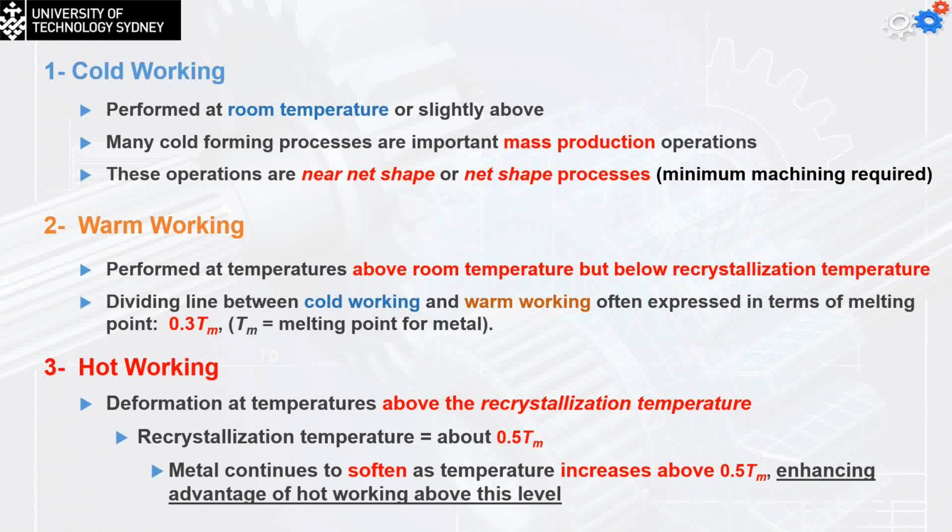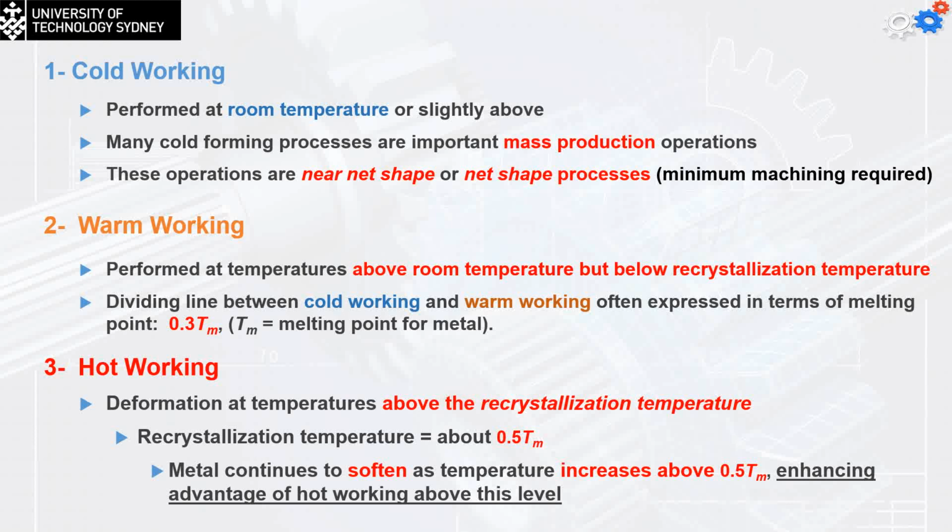So from 25 degrees up to 0.3 of the melting temperature is considered cold working. After that is the warm working, up to 0.5. Above 0.5 of the melting temperature is the hot working process. As the temperature increases, the metal will continue to soften over the warm working range, enhancing the advantage of hot working above this level.